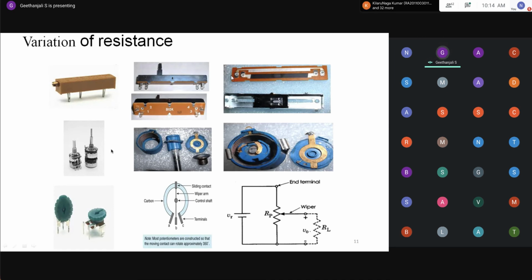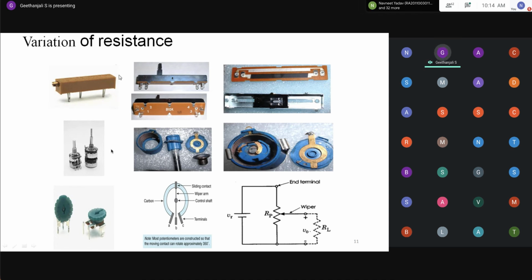These examples are for varying the resistance. This is the representation for the variation of resistance. RP, this is the N terminal. This is the wiper, which means you can vary the resistance here. You can keep it here, by varying this RP value, as well as including this load resistance.